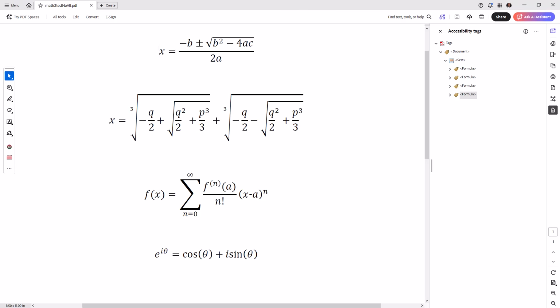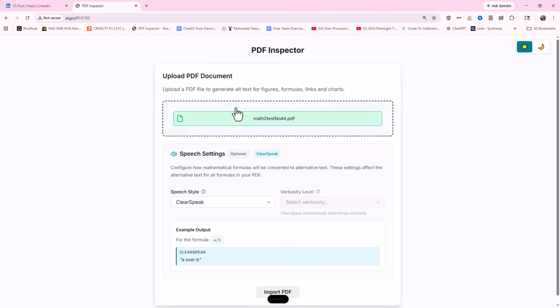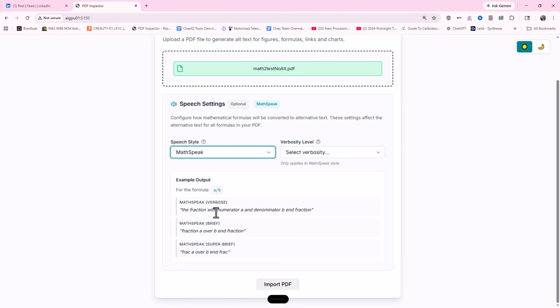So we've got our PDF. We can go into our PDF inspector here. We're coming up with a better name, but for now it's the PDF inspector. I can simply drag my PDF into the uploads, and then I can look here and I can see speech style. We're utilizing both ClearSpeak and MathSpeak, so you can choose which output you'd like for the alt text that is the fallback for those who don't have a screen reader that's able to parse the MathML.